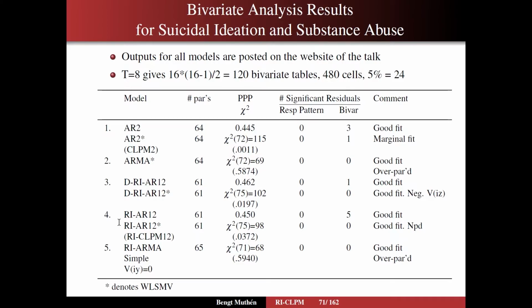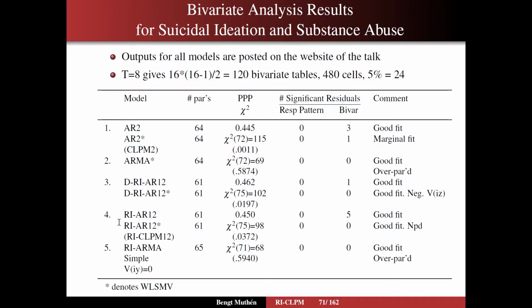Well, I did that for these models, for instance for the RI-AR12 model, and it doesn't buy you much. First of all, the residual variances are not significantly different from the fixed value of 1 that we're using here, and the standard errors for some cross-lagged effects go up to the point of making them insignificant.